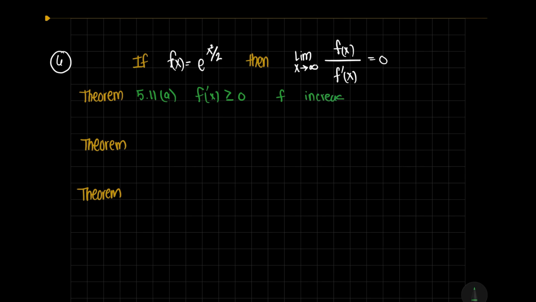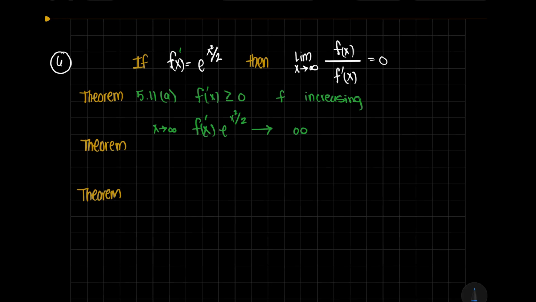And we could see, based on our derivative, as x is approaching infinity, so as x gets bigger and bigger, our derivative is also increasing and is positive. So it is getting bigger and bigger. So infinity. That means our function, f of x, which we don't know what it looks like.